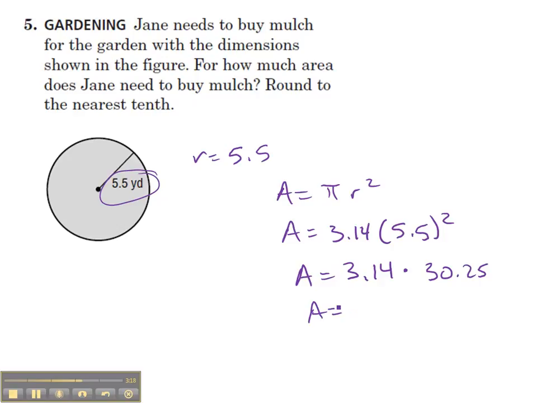That doesn't seem right. Do that again. Okay, area equals 94.985. I wish you could see my calculator as I'm doing this, because you would have seen me do something just now that's actually kind of important.